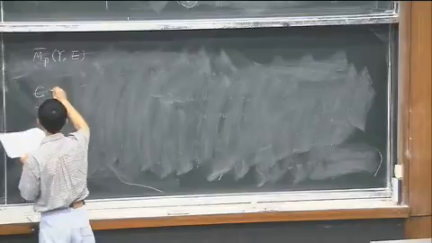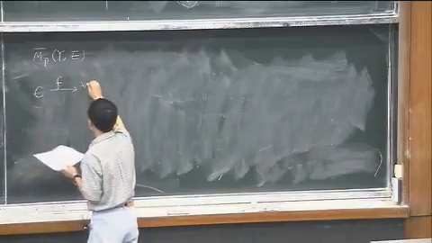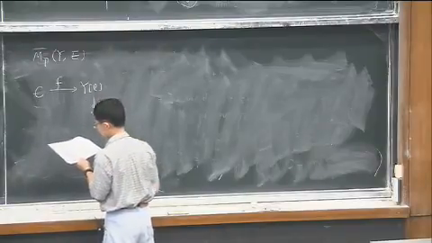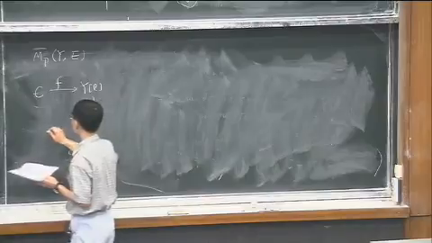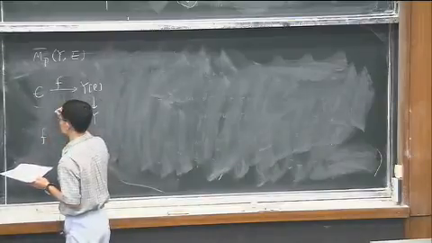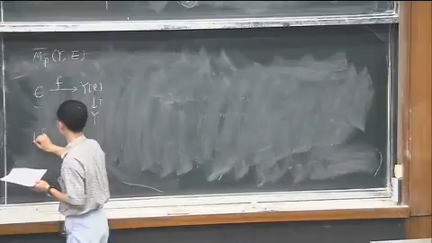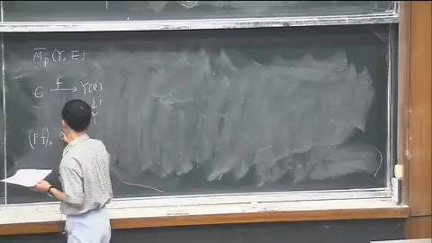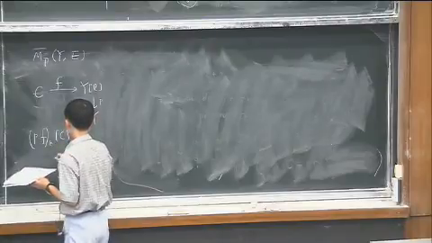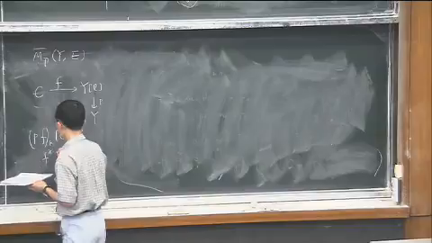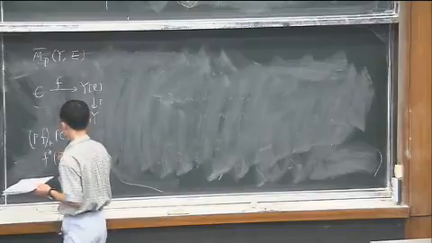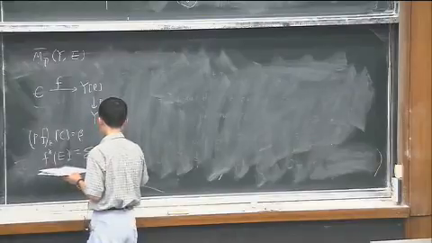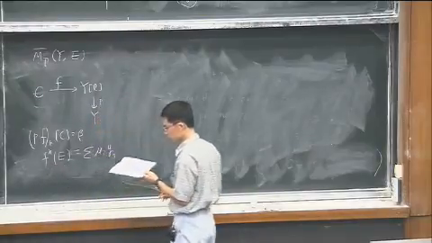I will have a pre-stable curve C mapping to YL with a map to Y, such that, of course, this F, when it composes with P, this lower star of C will be the same as beta, and then F upper star of E will be the summation of mu_i y_i, certain points.